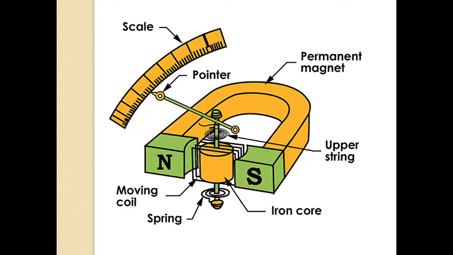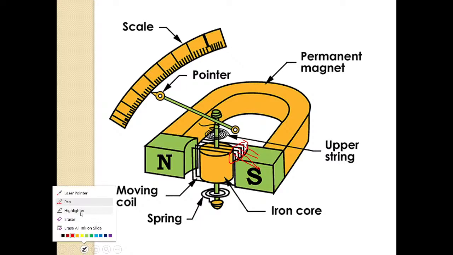And this coil is made up of fine wire, thin wire, and it will have some n number of turns. If you carefully observe here, it has 1, 2, 3 and 4 turns. 4 turns are there, just for example, but it can have n number of turns.